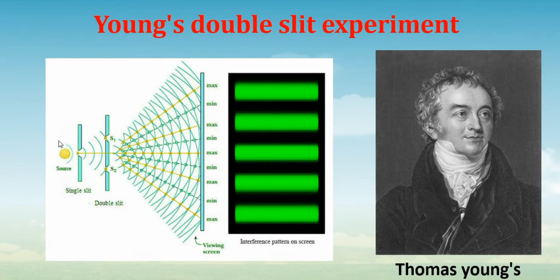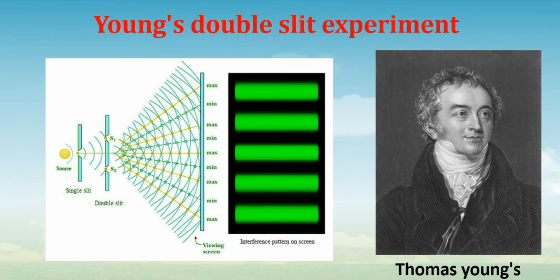So a ray of light is made to pass through a slit or an opening in a screen, and that light is made to pass through two more openings. Let us call this slit S1 and this slit S2. Since he is using two slits, his experiment is called a double slit experiment.